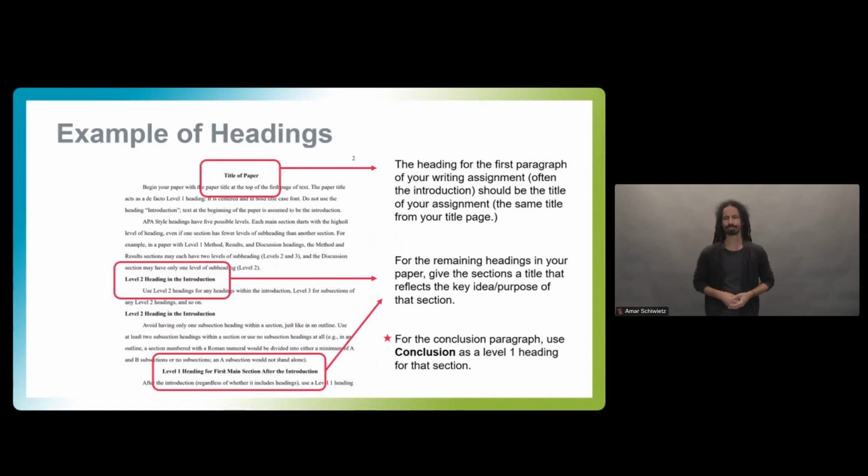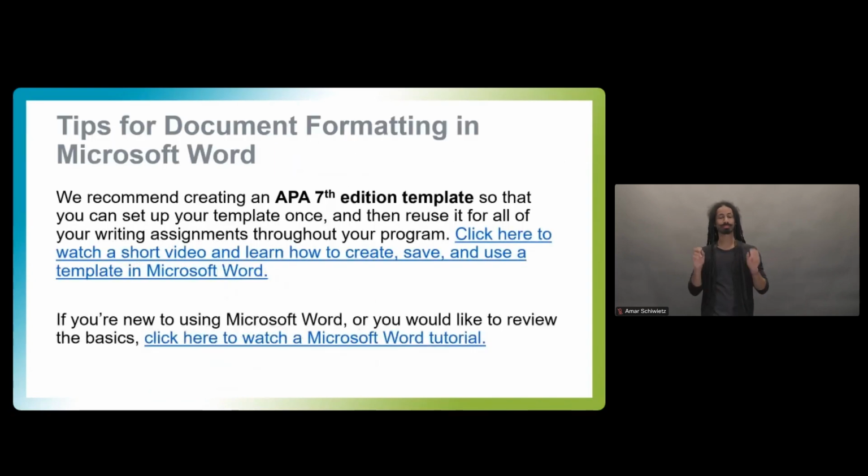All right. Now, just a few more tips about document formatting in Microsoft Word. If you're starting out or you're in the middle of your program, or even if you're near the end, but you've got some papers left, we strongly recommend taking a few moments to set up an APA 7 template in Microsoft Word so that when you are beginning a paper, you can just open Microsoft Word and select a template.